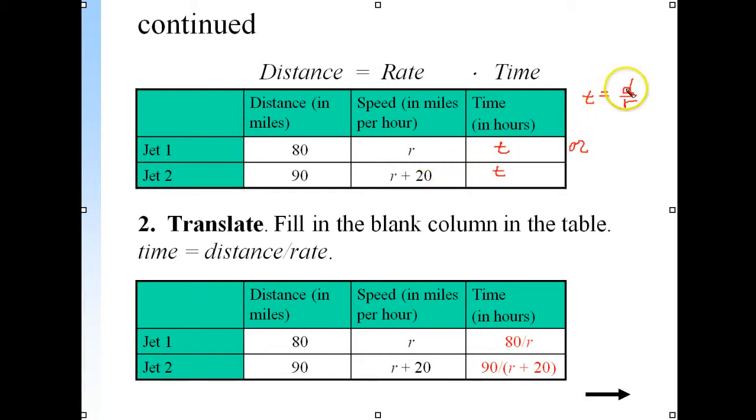Well, we said T was distance divided by rate. Well, we know the distance and we know the rate. So this is going to be then 80 divided by R, and this one is going to be 90 divided by R plus 20. And we know that time equals time here. So this will be one part of the equation, and this will be the other part of the equation.